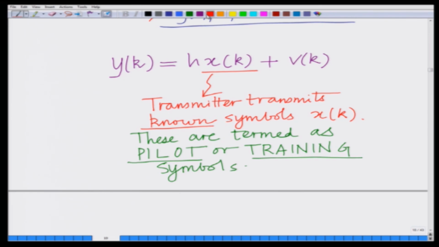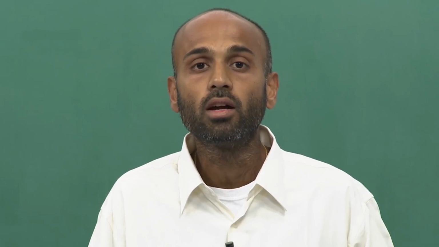So, the transmitter transmits a sequence of pilot symbols x1, x2, xn, which are basically meant for the purposes of channel estimation. At the receiver now, we observe the corresponding outputs y1, y2, yn corresponding to the training symbols.